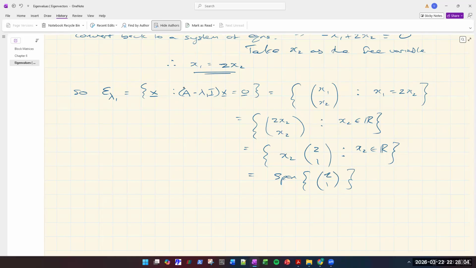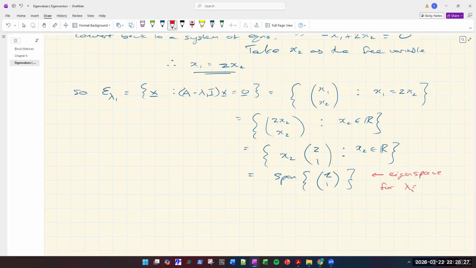Right? And of course, it's a subspace. So the span is a subspace. Right? So this is the eigenspace for lambda 1.